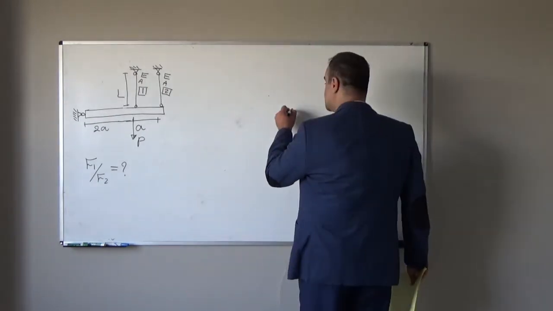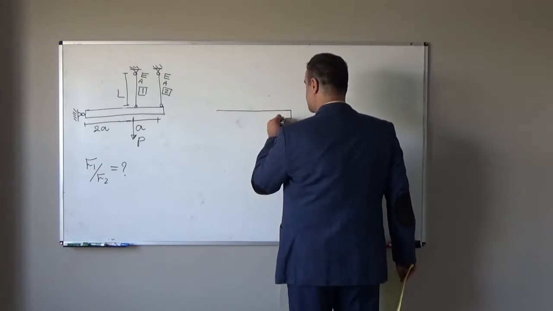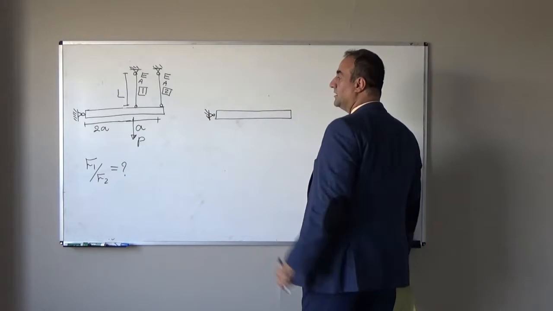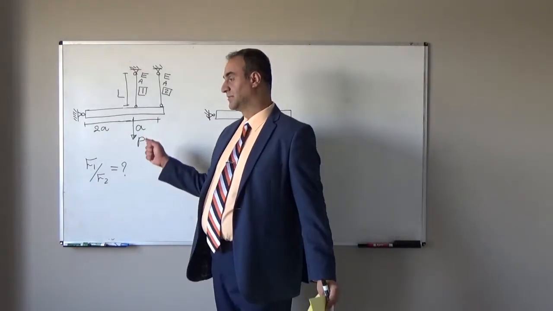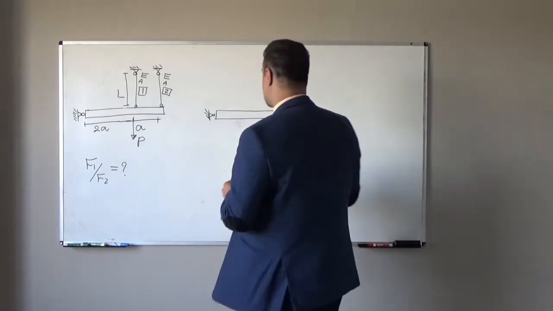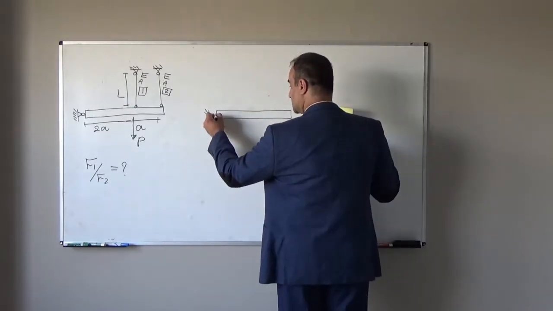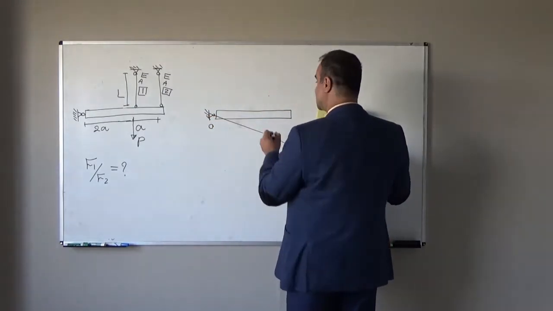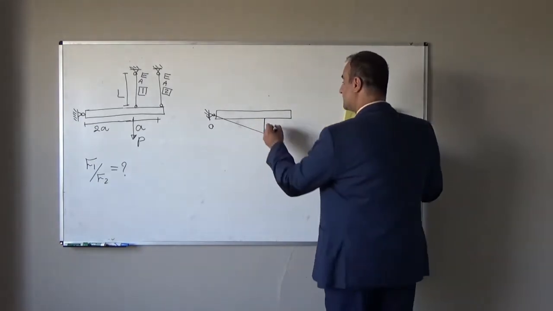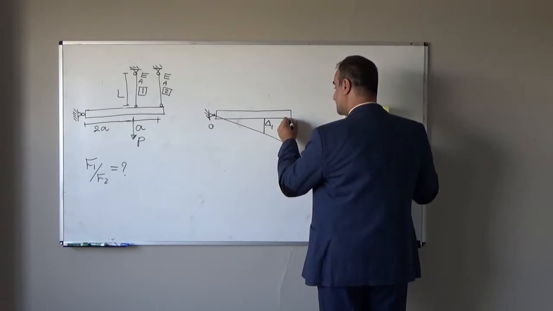We have one rigid beam. If I apply load here, I pull down. This rigid beam will rotate with respect to support O. So it will rotate like this. It will deform rod 1; the deformation I assume is delta 1.